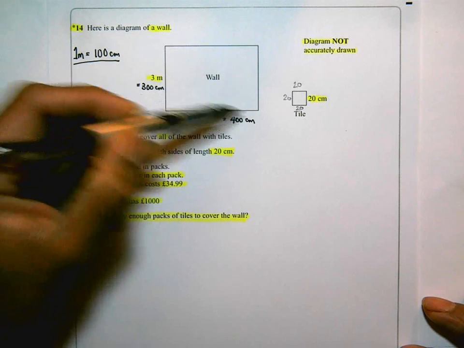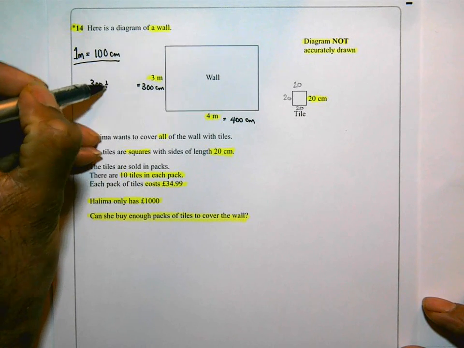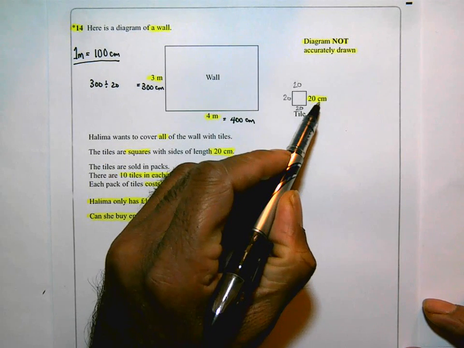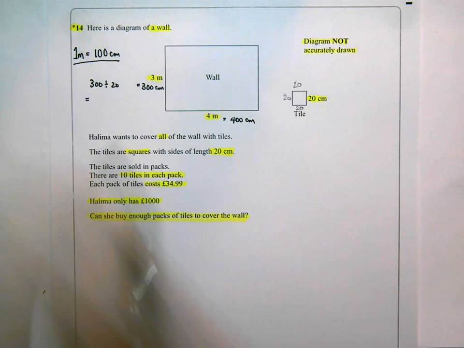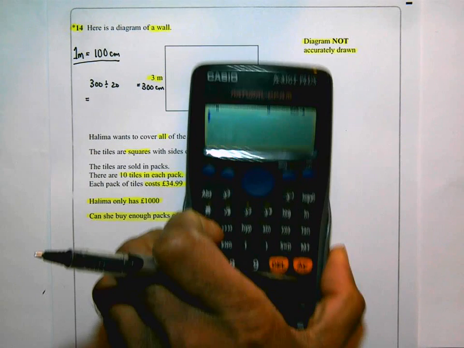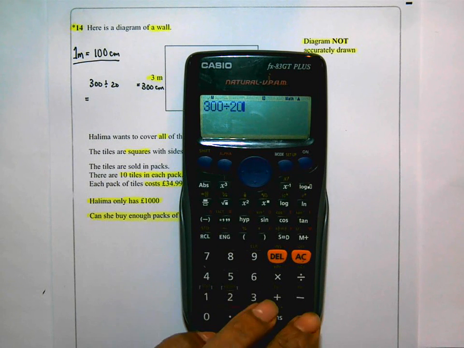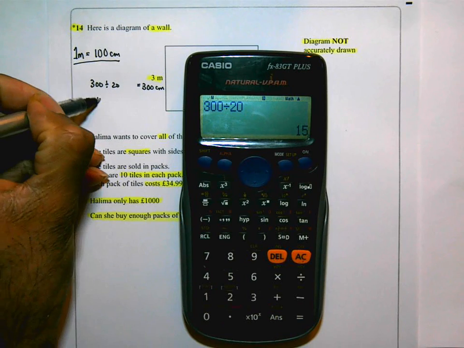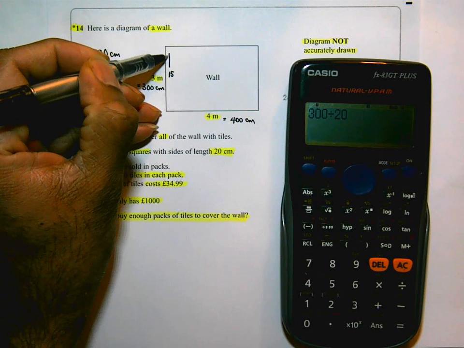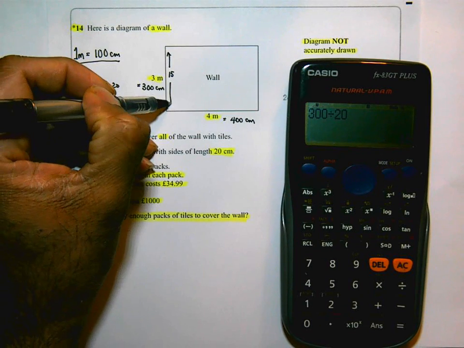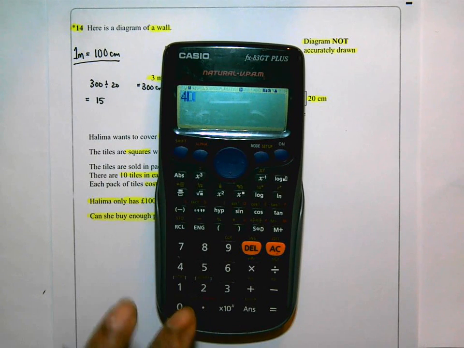So if I do 300 divided by 20, because each tile is 20 centimeters, how many 20s are going to make 300? Well, if you can't work that out, remember it's a calculator paper. 300 divided by 20 gives you 15. So 15 tiles are going to fit across there, and the other bit is 400 divided by 20.